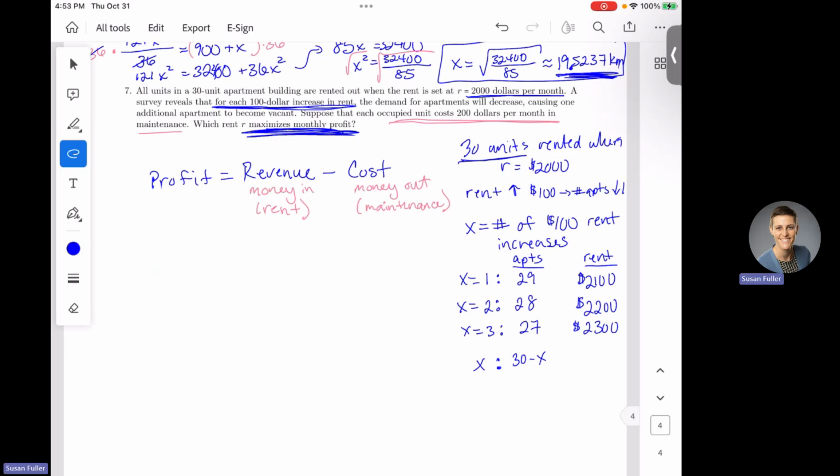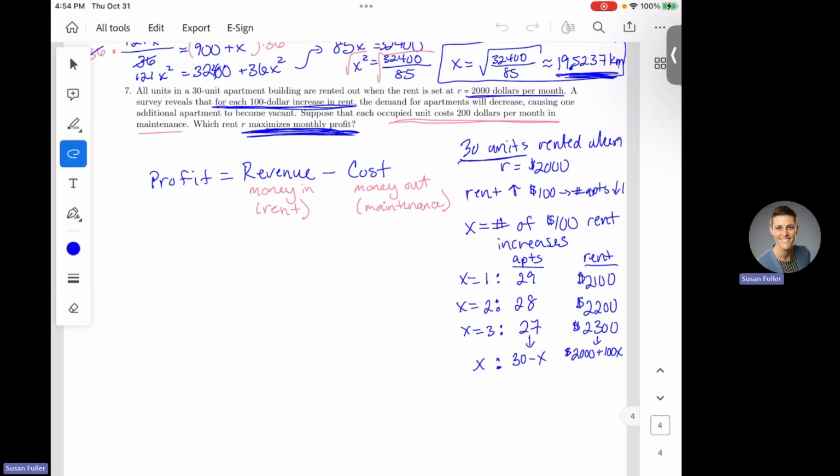And if I increase the rent X number of times, I'm going to start out at $2,000 and add $100 X times. So this will be my rent. And that should make sense with the numbers that we had here. I'm just trying to go from specific numbers to find patterns to get to my general equations here.